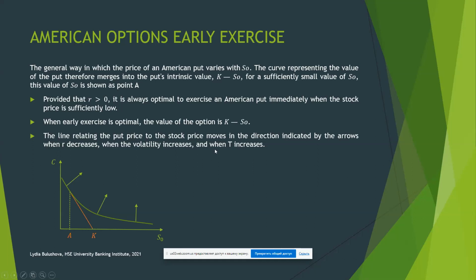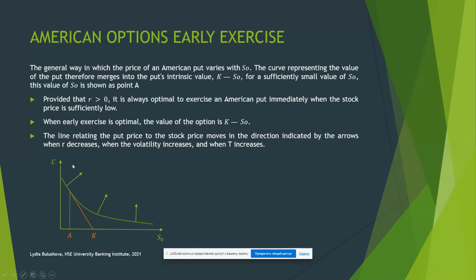So the longer the time of the contract, the more expensive is the option. The higher is volatility, the higher is uncertainty, the higher is the price for locking any conditions, the price of eliminating this uncertainty.